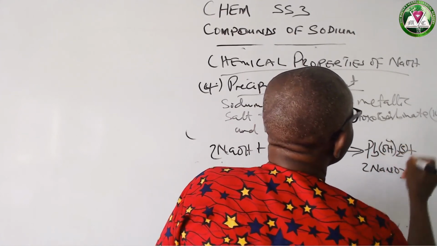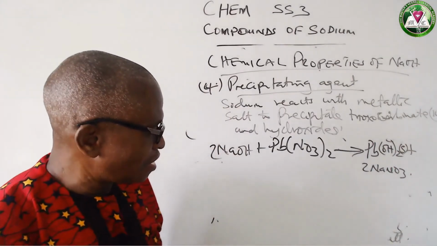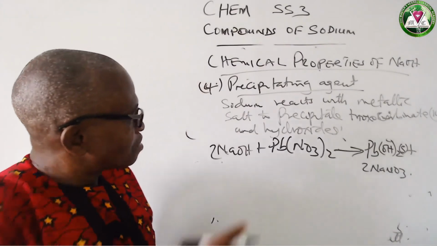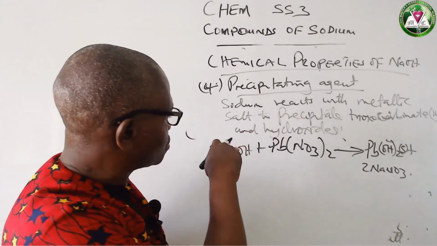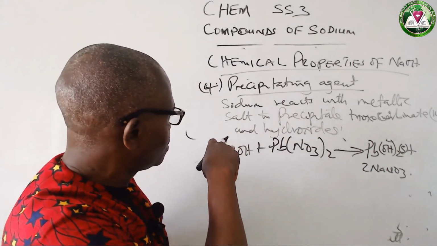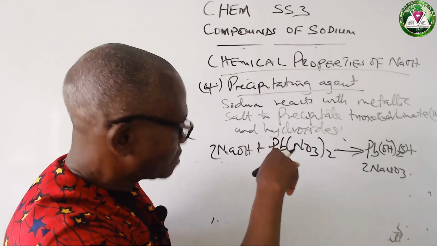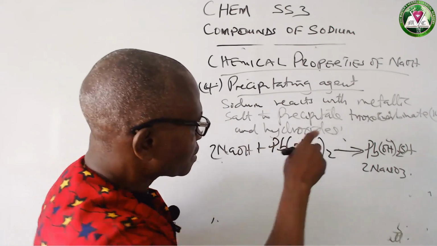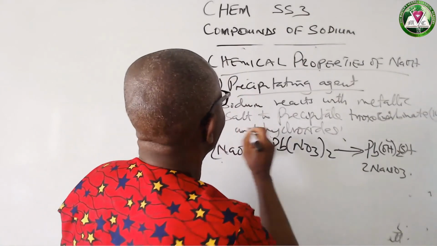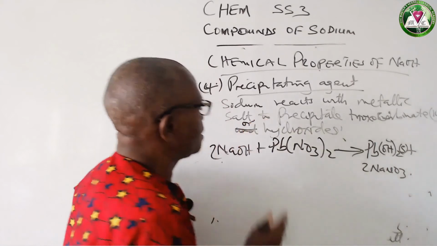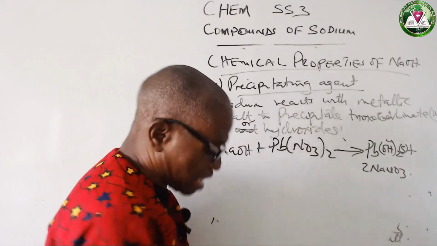This lead hydroxide is a precipitate. So sodium hydroxide reacts with metallic salt to precipitate trioxocarbonate(IV) or hydroxide. In this case, it precipitated hydroxide.